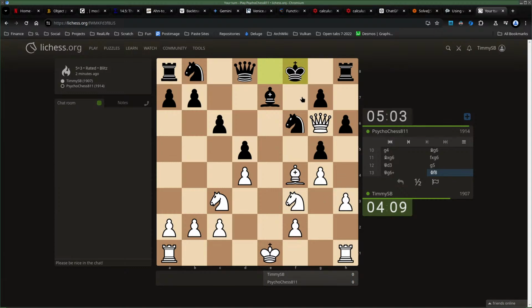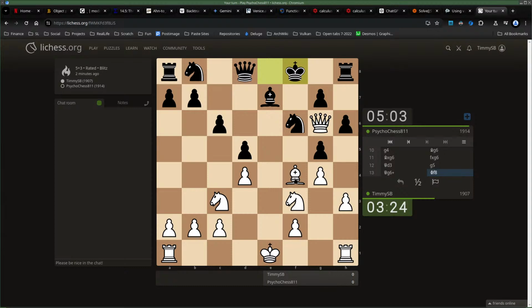And then again threaten mate, and then the queen has to go there. And then I don't really have much anymore, right? Actually, if we go here, and he goes there, and he takes my queen, I can take back and win the quality. So he can't take my queen. What do I want to do with my bishop in the meantime? Maybe I should just castle after this move, I mean.